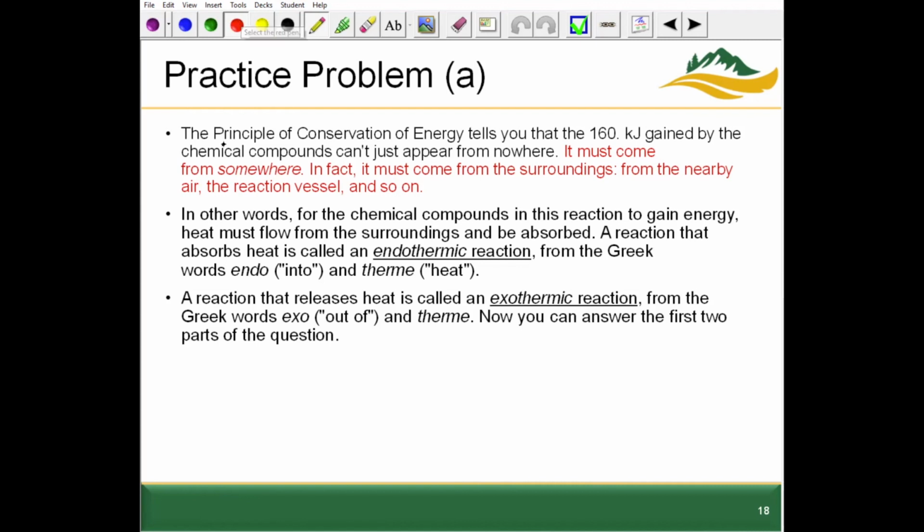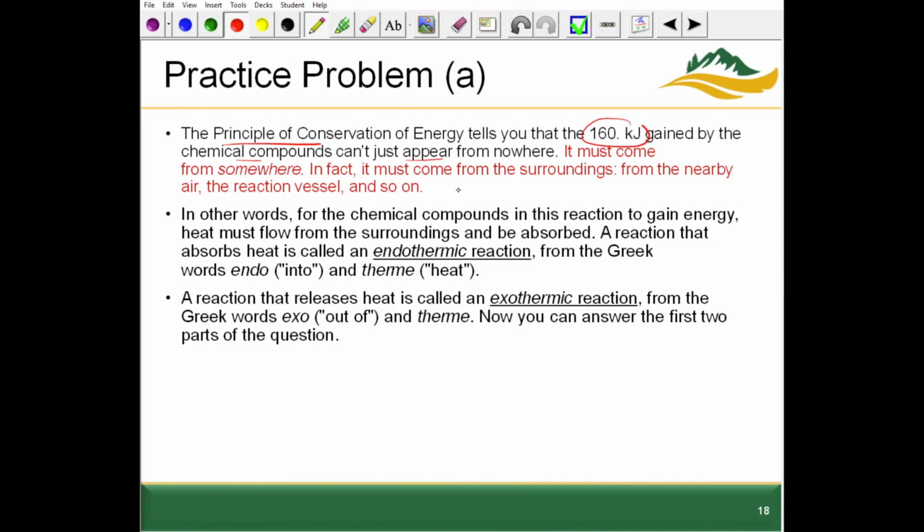As a review, this important concept in chapter 6, the principle of conservation of energy, tells us that the 160 kilojoules gained by the chemical compounds can't just appear from nowhere. It has to come from somewhere.